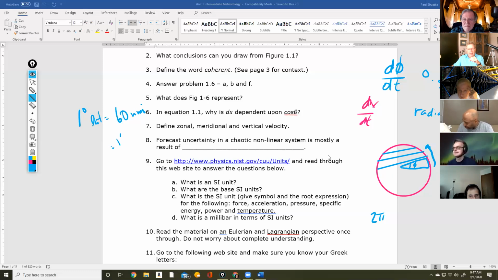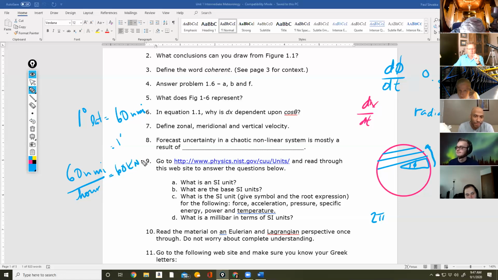You are going, and if you went 60 nautical miles in 1 hour, that is going 60 knots.